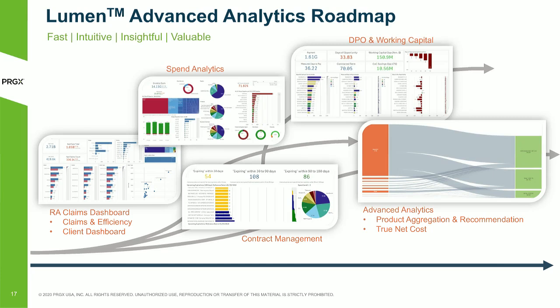And you can see the very next step is to add on that spend analytics component, and we continue to go down that road, adding additional data sets that allow us to do contract management, DPO, and working capital, and then really get into the valuable and interesting stuff where we're solving complex enterprise challenges using things like TrueNet costs, product aggregation and recommendation. And we have a lot more elements in development coming down the pipe.